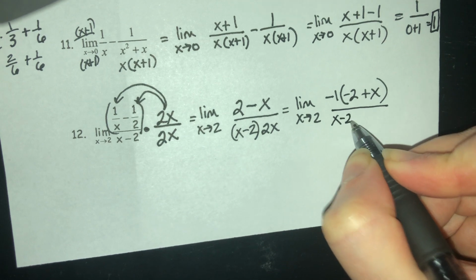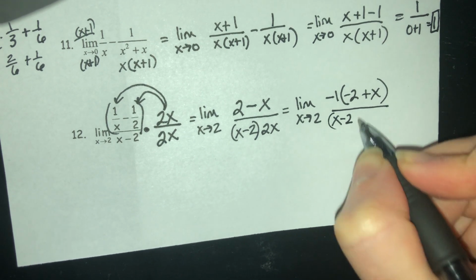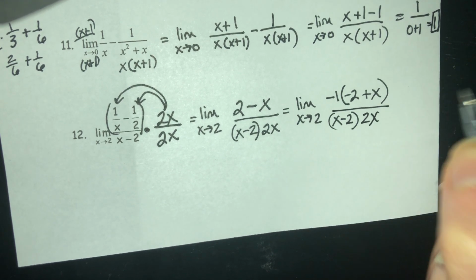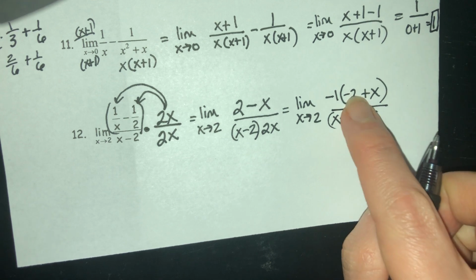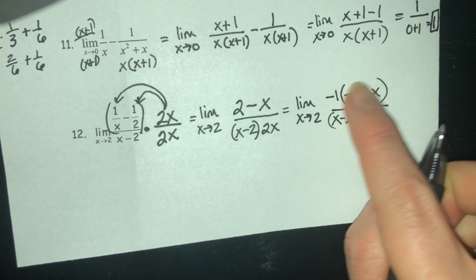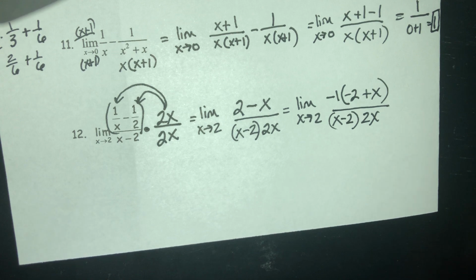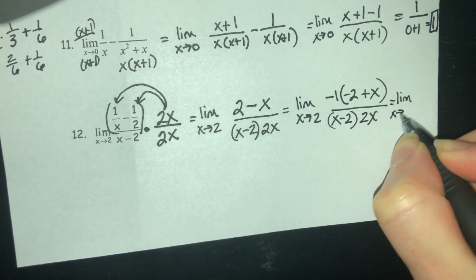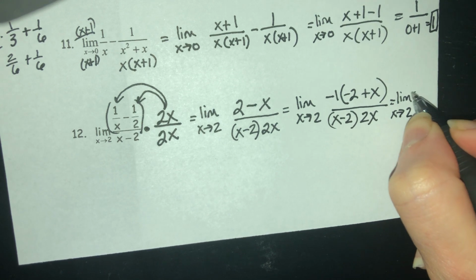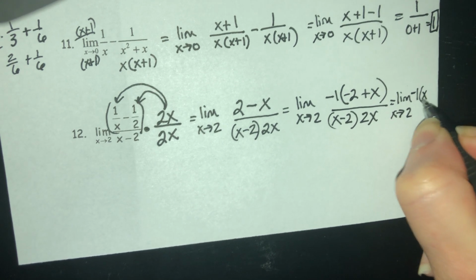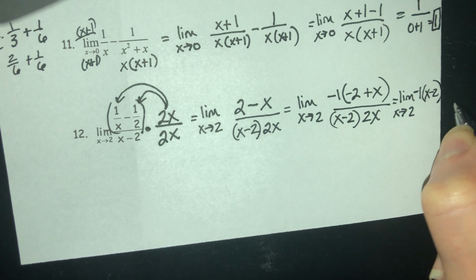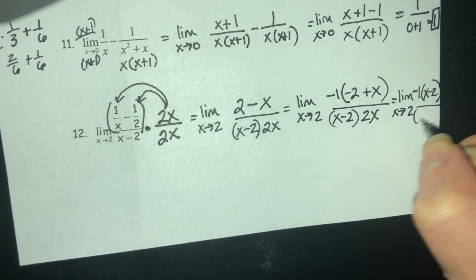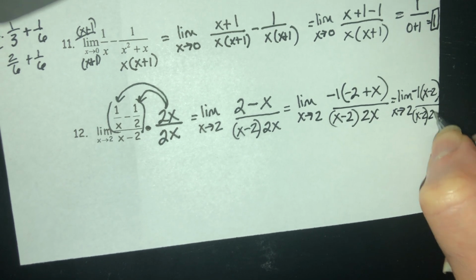Which now is equivalent to x minus 2, because -2 plus x is the same thing as x minus 2. I mean, if you want to write it that way, we sure can. It's not necessary to do so. -1 times x minus 2 over x minus 2 times 2x.